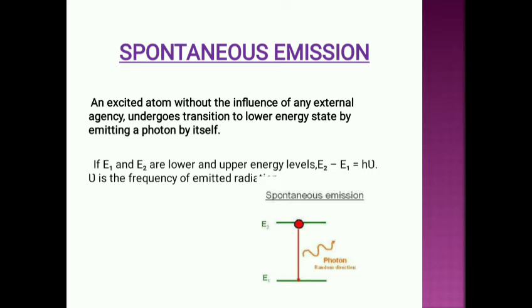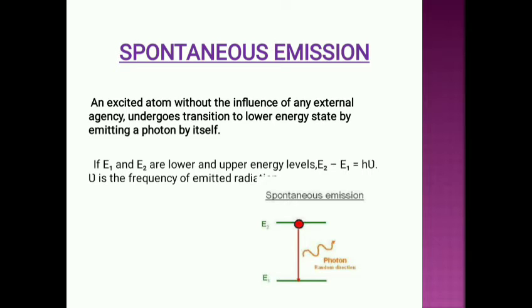During this short lifetime, if the excited atom is not stimulated by any external agency, it will undergo a transition to a lower energy state by emitting a photon by itself. Because we know that each and every atom has a tendency to come back to the lower energy state, because it is a stable state.